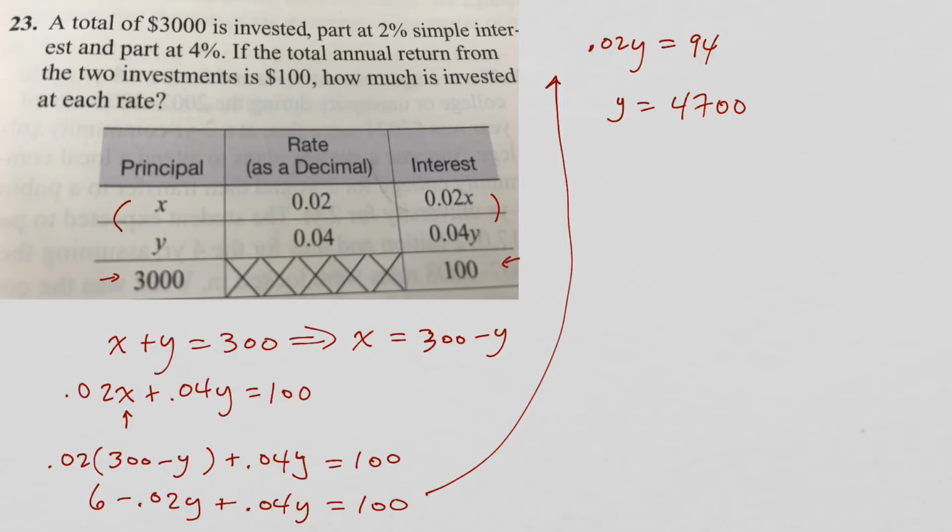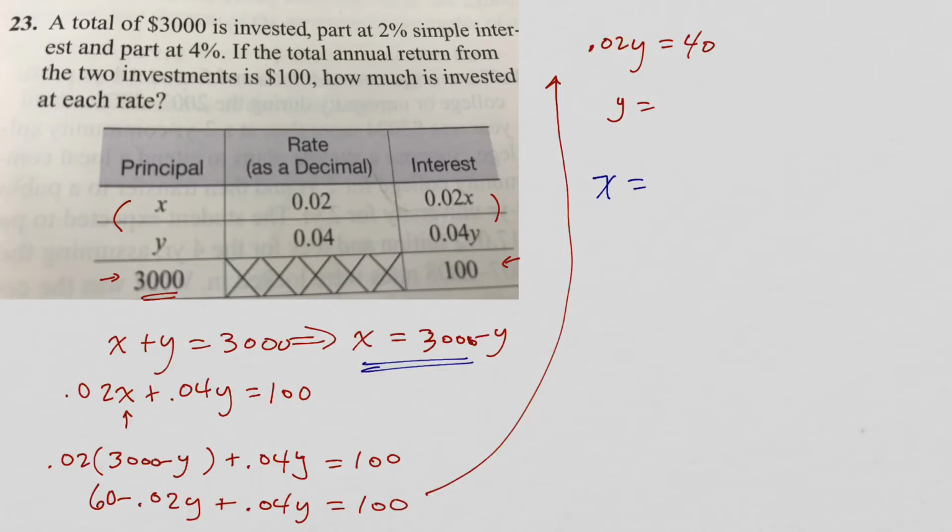Now we're going to plug this in over here to find x. X is equal to, wait a minute, oops, I made a mistake here. This is 3,000, not 300. So this is 3,000. This is 3,000, so this is going to be 60. And when we subtract, I'm sorry about all this, but 100 minus 60 will be 40.